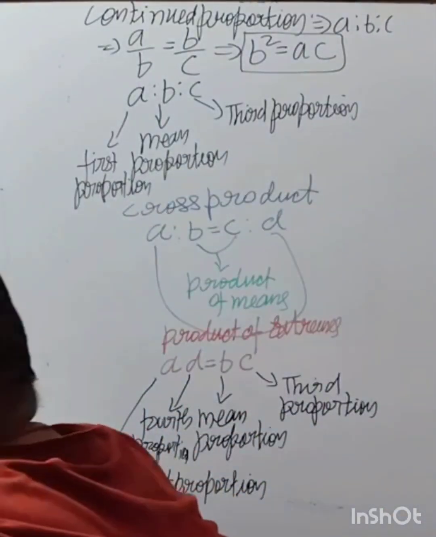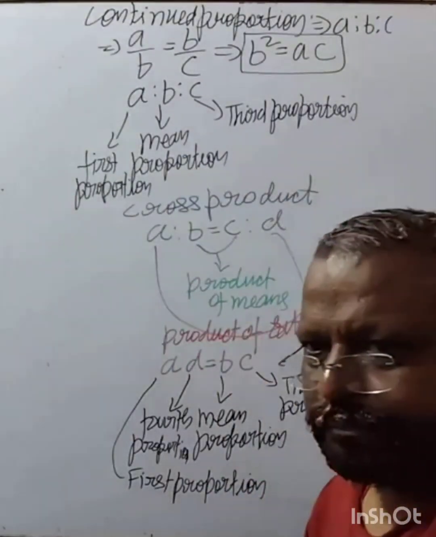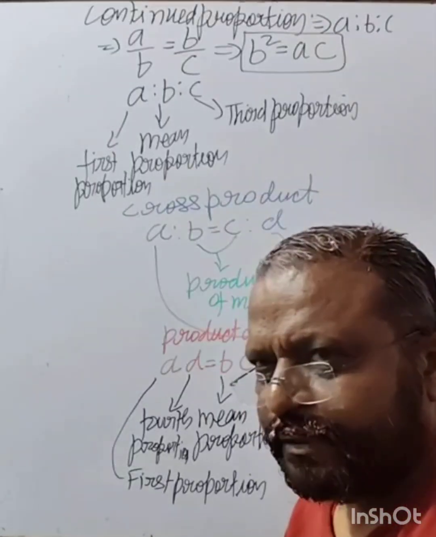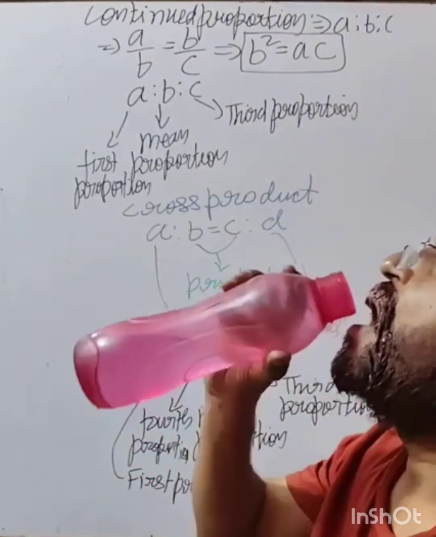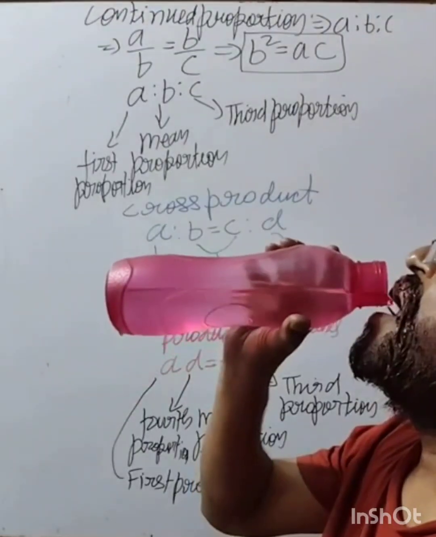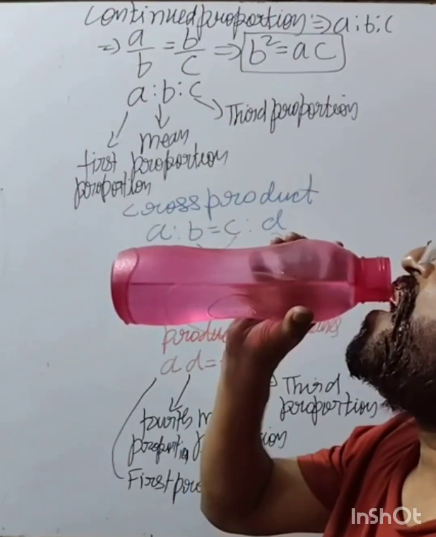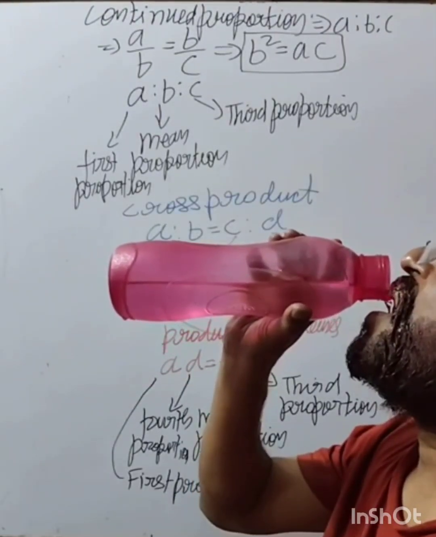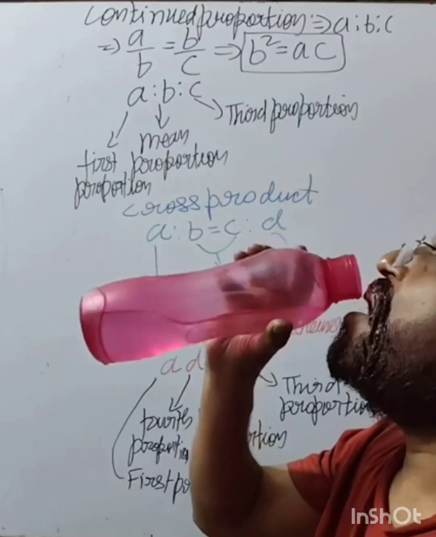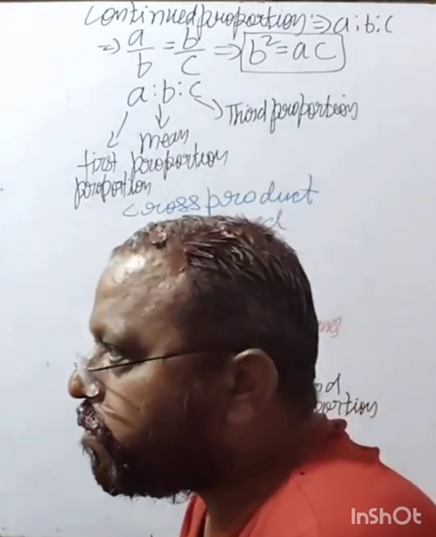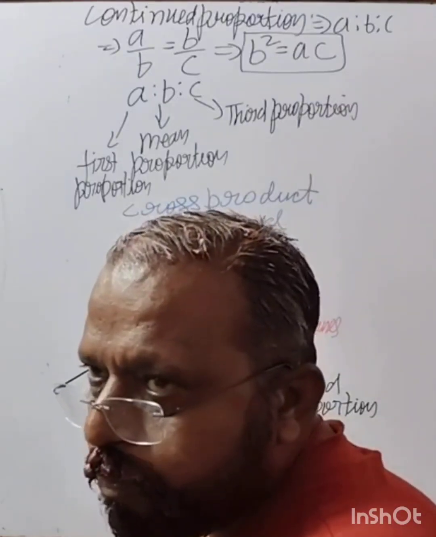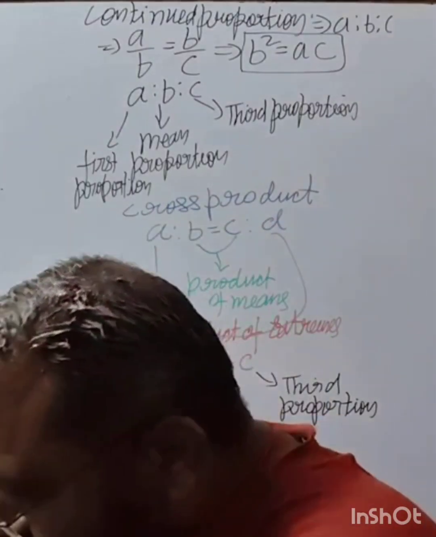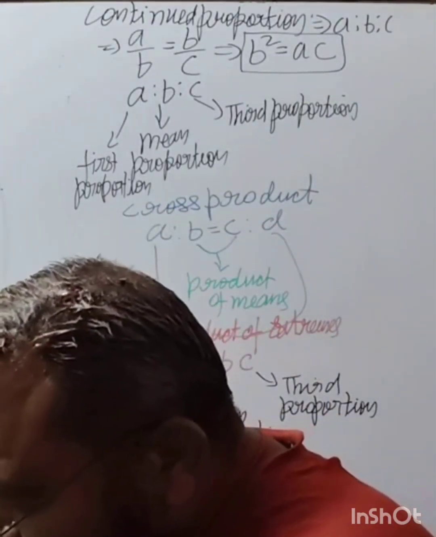Last question. A, B, C, D are in continued proportion. Prove that.